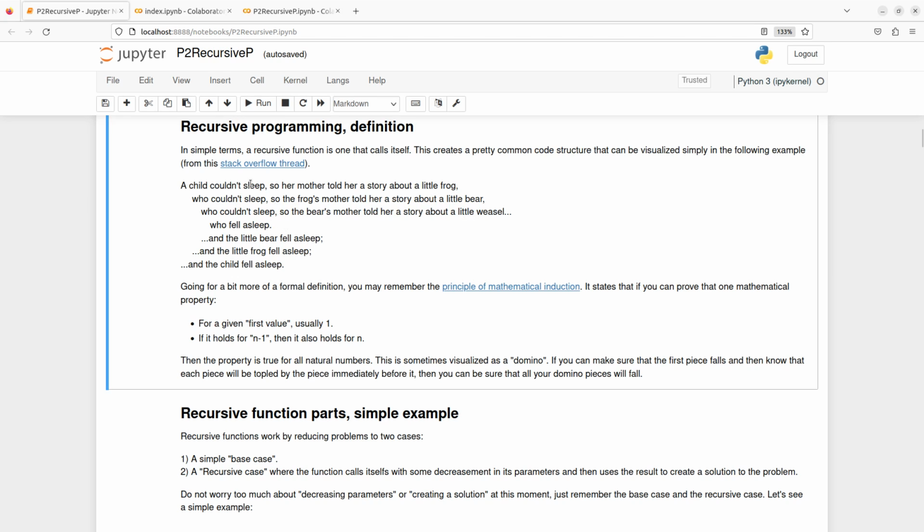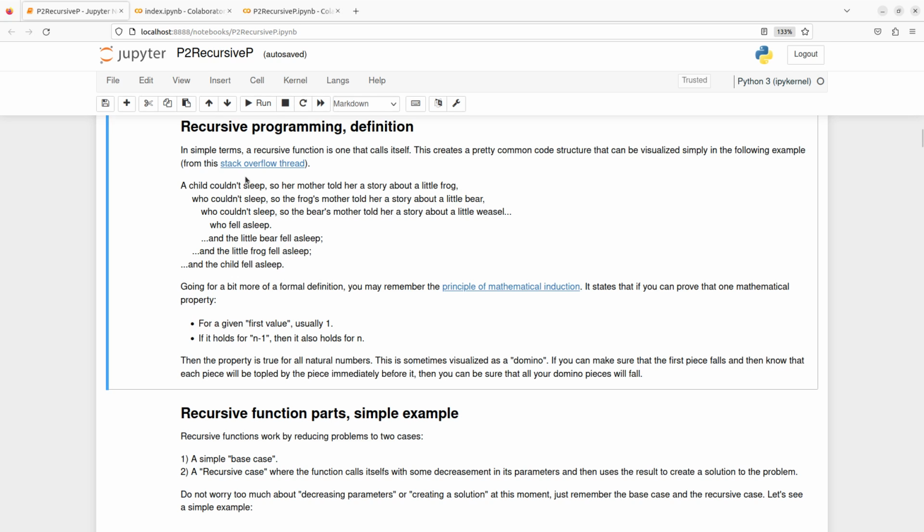Up to here, we have had the same structure. Couldn't sleep, so the mother told, okay, so we have something that's happening again and again. The same function is being called again and again, until we reach a point where things stop, the base case. This would be the recursive calls, and this would be the base case. Once we are at the base case, so the little weasel has fallen asleep, then we go back, and the little bear fell asleep, and the little frog fell asleep, and the little child fell asleep.